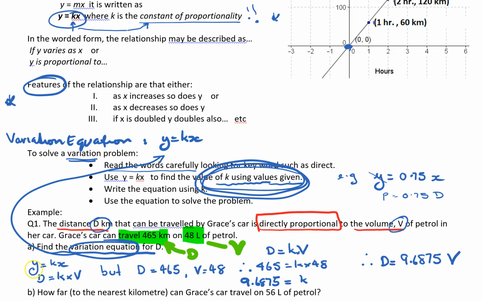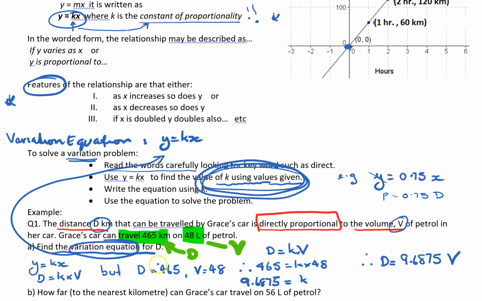Okay, so now you can see I've started with y equals kx, because that's what my variation equation starts with. I'm fixing up the pronumerals. It said here the distance is directly proportional to the volume. So instead of y, I've got the distance, equals the constant of proportionality k, times the volume.